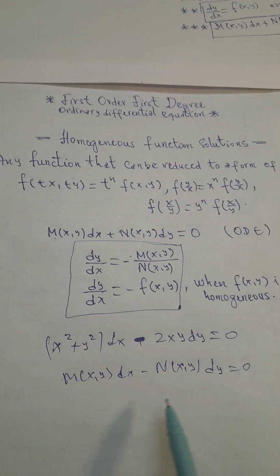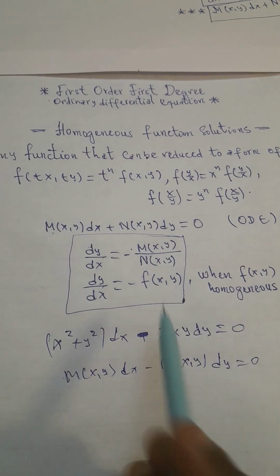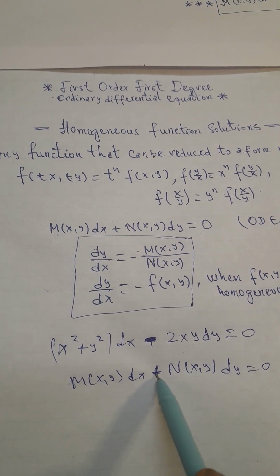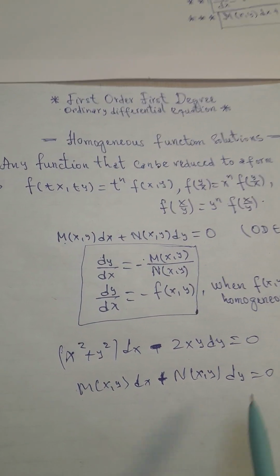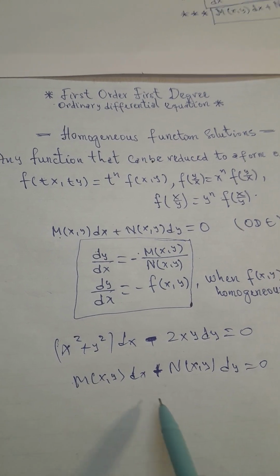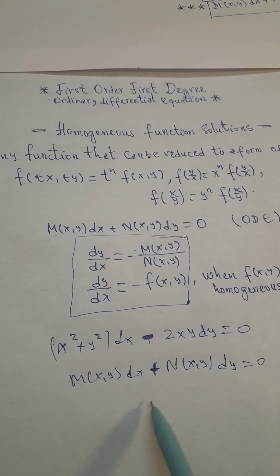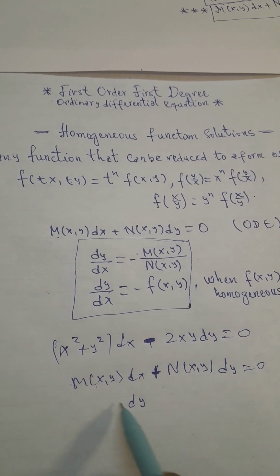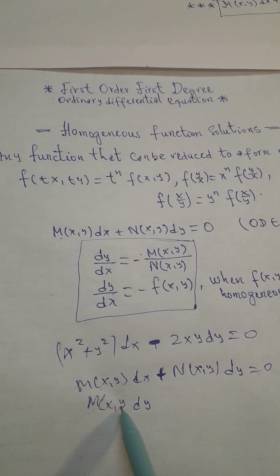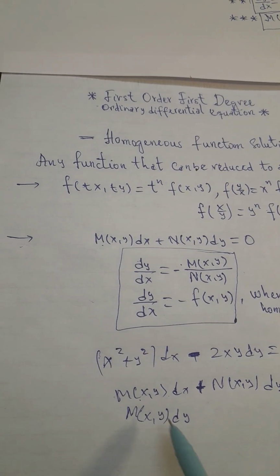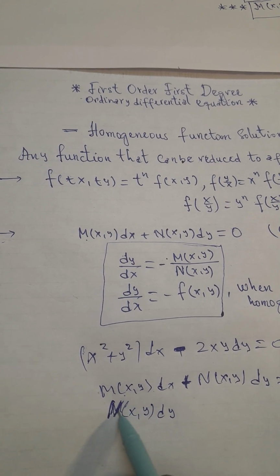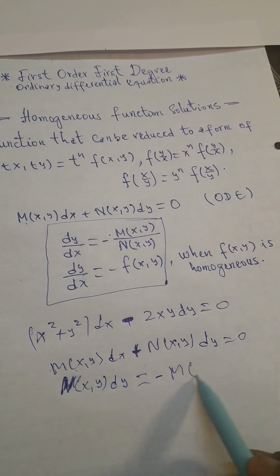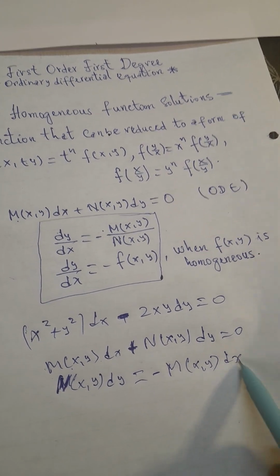When this is homogeneous, you can separate them: send this term there, this will be N(x,y) dy equal to minus M(x,y) dx.